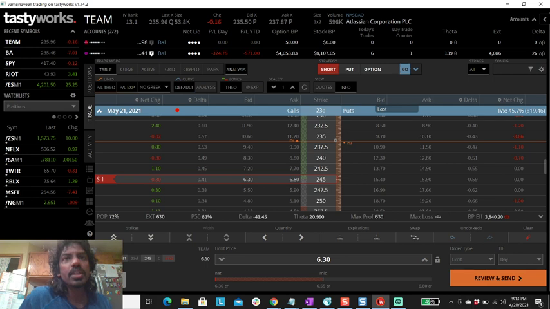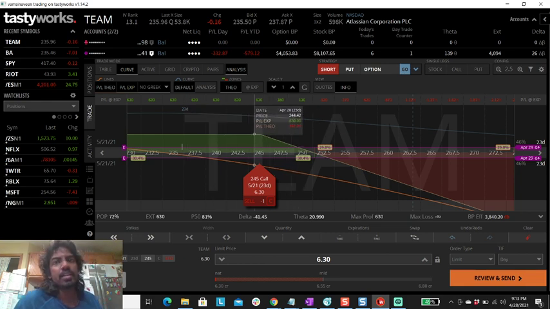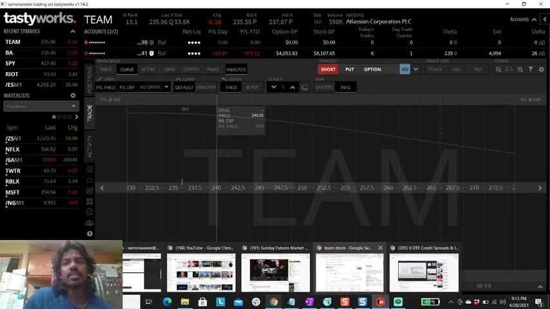All three are bullish or bearish scenarios. However, you have some wiggle room for the stock to move around. It just has to stay below this 250 strike right here, and you'll still make some money. So that's a high level overview of how earnings trades are set up.